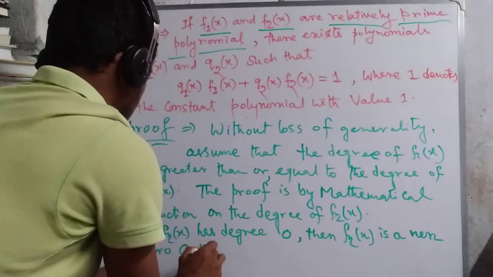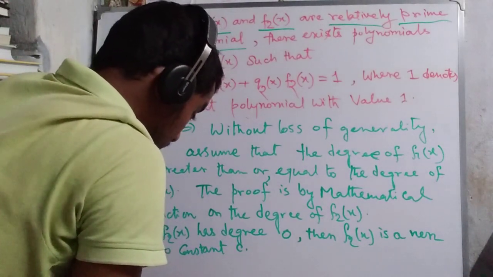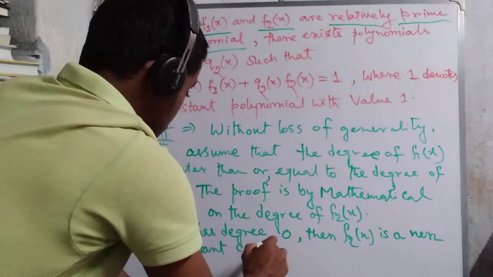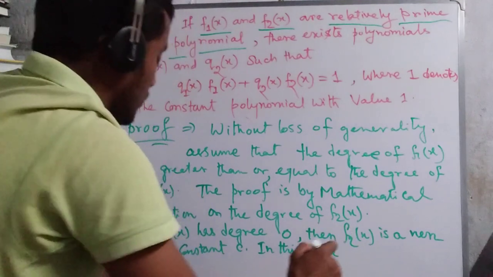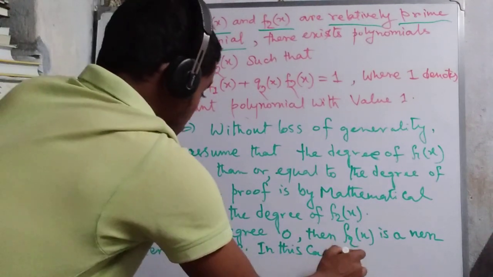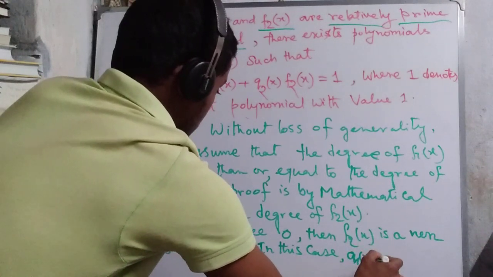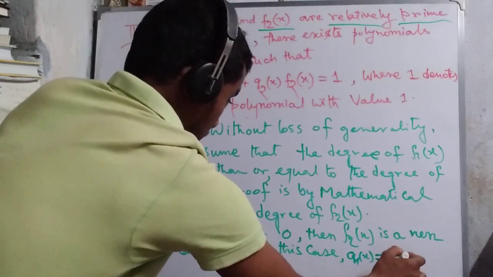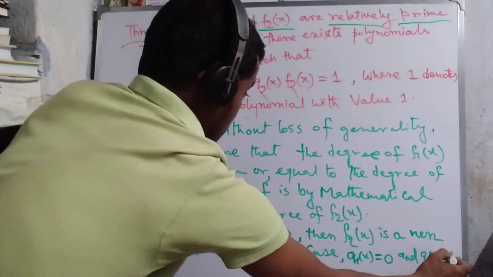In this case we consider q1(x) equal to 0 and q2(x) equal to 1 by c.